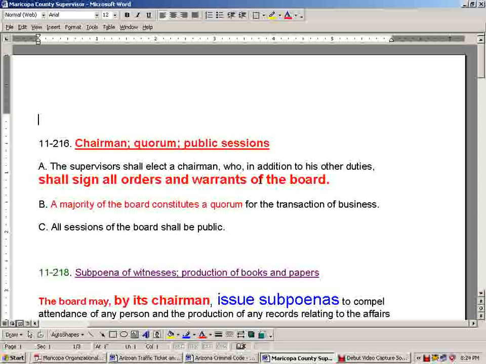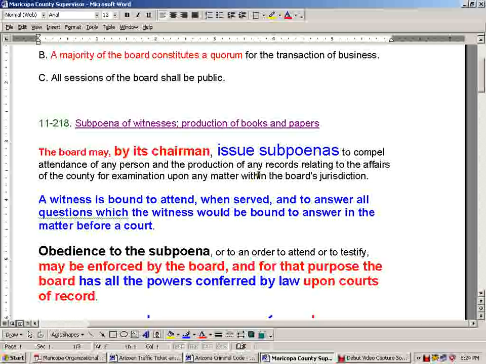So he can execute the orders of the board, and the board's going to be sitting there as the court. And he's going to execute their orders. A majority of the board constitutes a quorum. All sessions of the board shall be in public. Subpoena of witness. Again, subpoena.